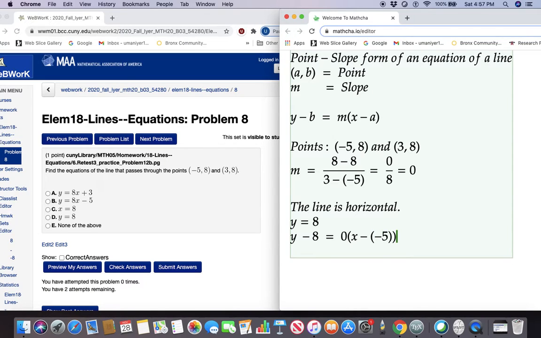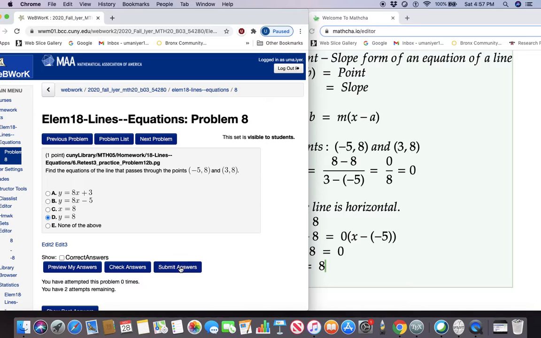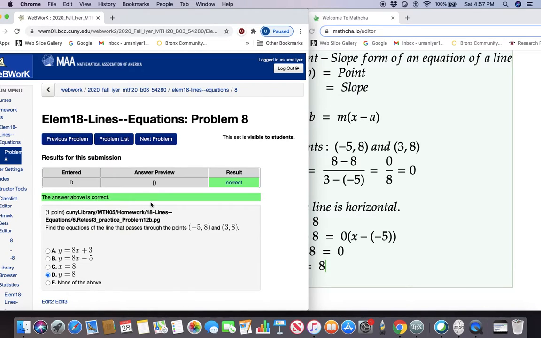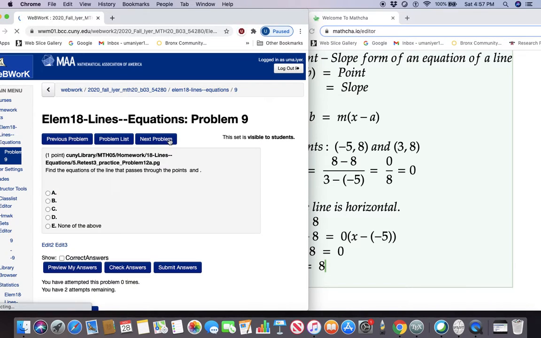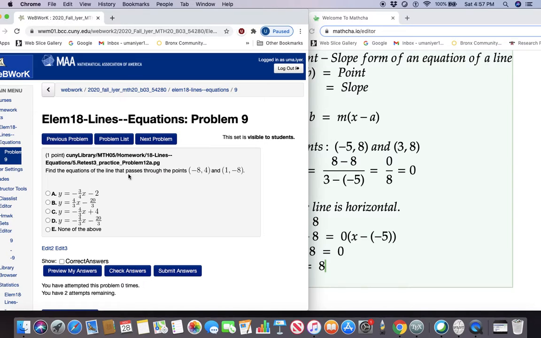So you see, 0 times anything is 0. So y minus 8 is 0. I add 8 to both sides and I get the same equation, y equals 8. All right, find the equations of the line. Well, let's come to this problem in our next video.